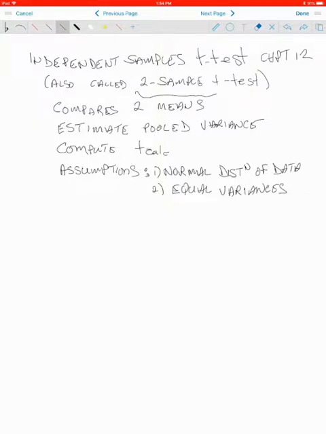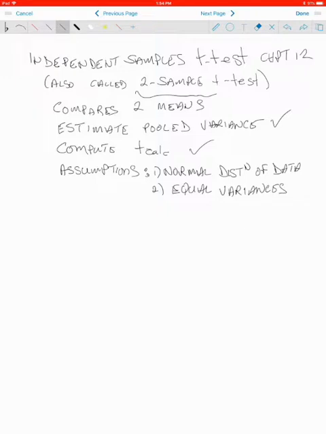Among the things we need to do, ultimately we're going to calculate a t-statistic, a test statistic. To do that, we need to get the standard error of the difference in means. And to do that, we need to estimate something called a pooled variance. We'll compute t-calc. And then finally, there are assumptions associated with all of these statistical tests we've conducted so far.